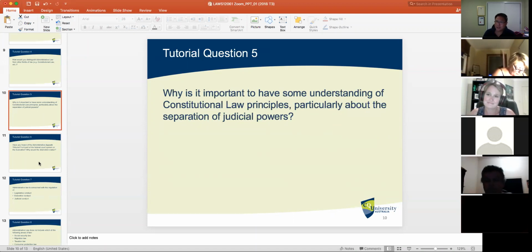Now, going back to the Child Support Agency, let's assume that a decision has been made by the Child Support Agency, and you are unhappy about the decision. You will notice that there seems to be a controversy between you and your ex-partner. So the question is, when you go to the Administrative Appeals Tribunal to question the decision of the Child Support Agency, is there actually an actual controversy between you and your ex-partner?